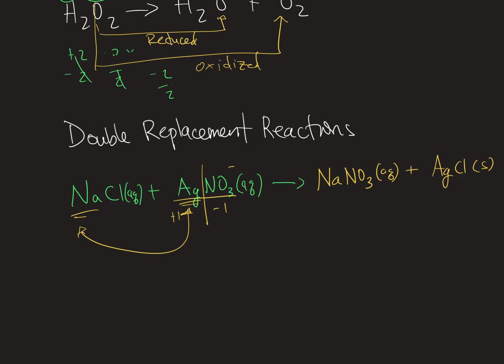That is an example of a double replacement reaction, because two things are being replaced. Good? If we have a double replacement reaction, it will never be an oxidation reduction. So if we can recognize that, we don't have to worry about oxidation numbers. Get that down, okay?